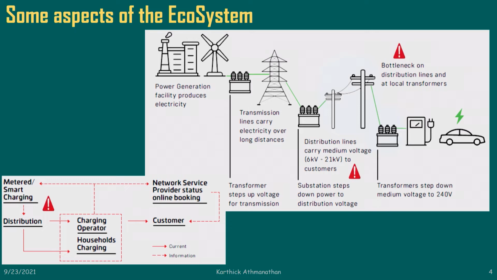If you look at the topmost thing which is flipping all the time, that red exclamation mark, bottleneck on distribution lines and local transformers. See, most of the DISCOMs, companies which provide our electricity board, so to say, are hard pressed for cash. So they don't actually give you an infrastructure which is in line with most of the advanced countries.